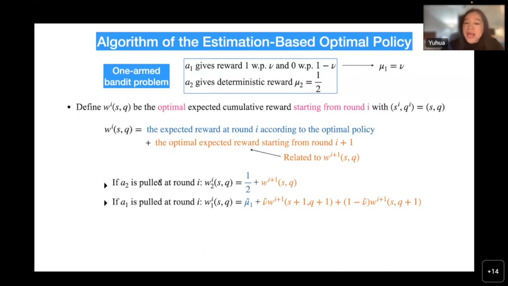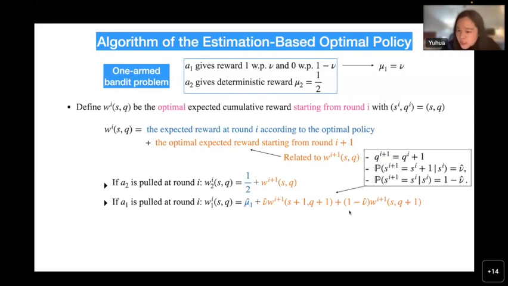If, for example, at this round i the second arm, the deterministic arm, is pulled, then the cumulative reward equals 1/2, which is the reward we get at this round, plus all the reward starting from i plus 1. If the first arm, the unknown arm, is pulled, then the cumulative reward is mu hat, which is the reward at this round based on our estimation, plus two terms.